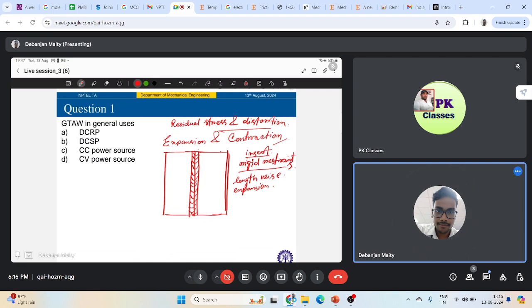Now, in this figure, we are welding two plates. As the weld is produced, you have a liquid region whenever you are melting.